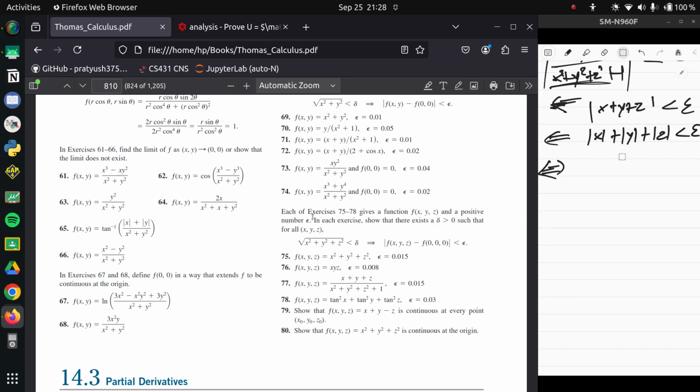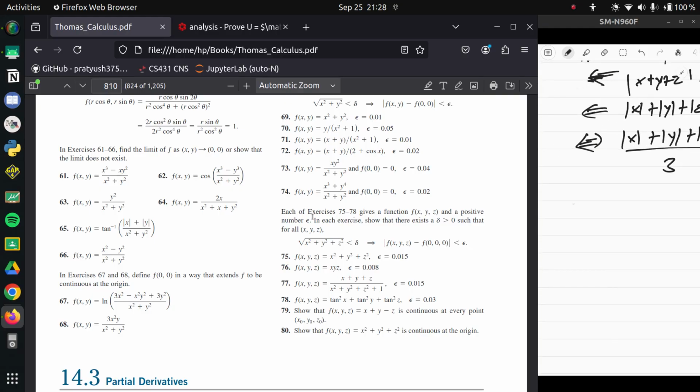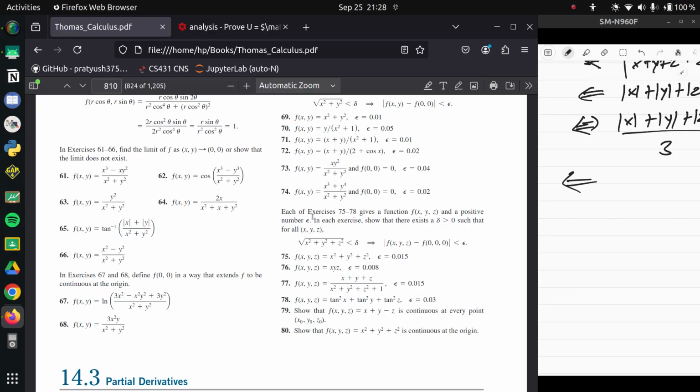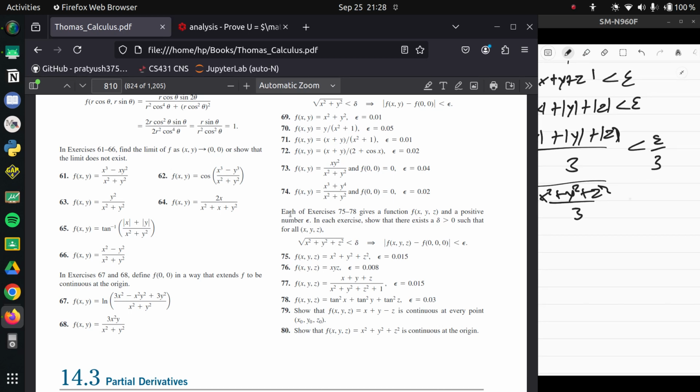Anyway, what we should instead be doing is using the AM-GM inequality. Yeah, I made some sort of an error in that. Anyways, this is the AM and this will be less than the RMS. Right.